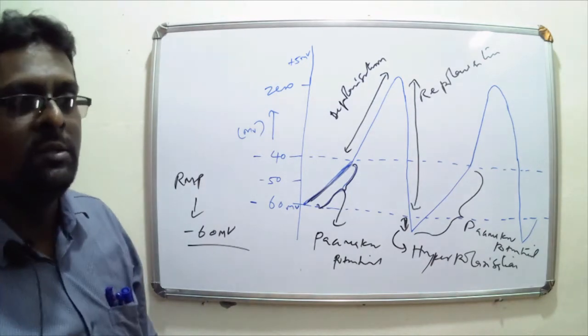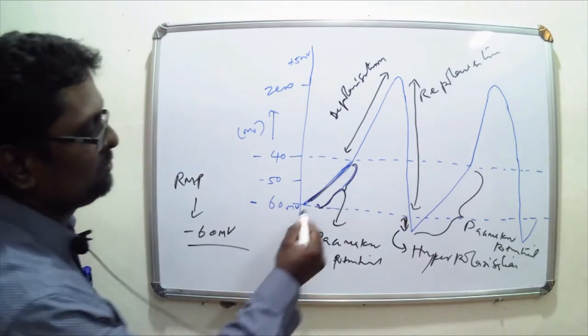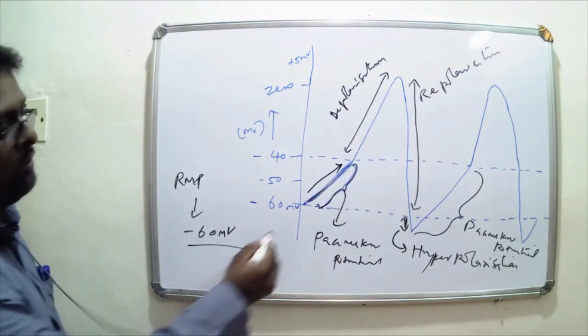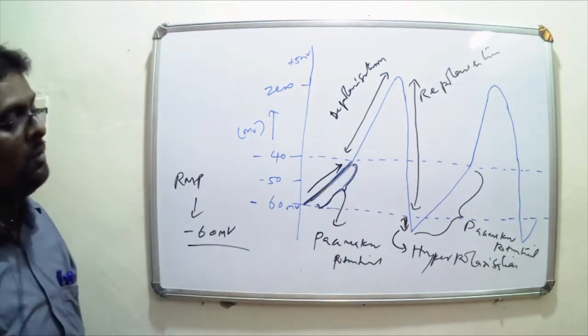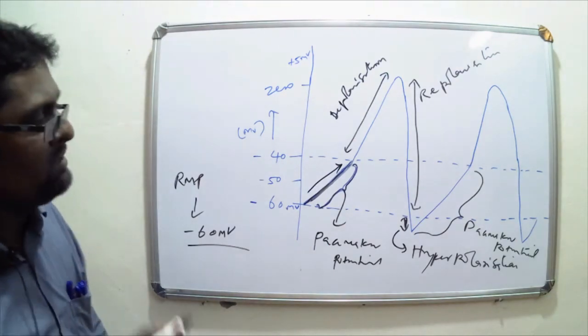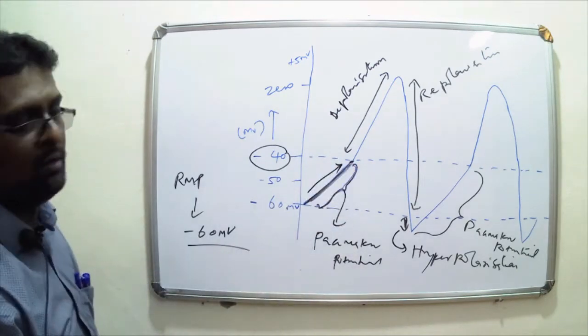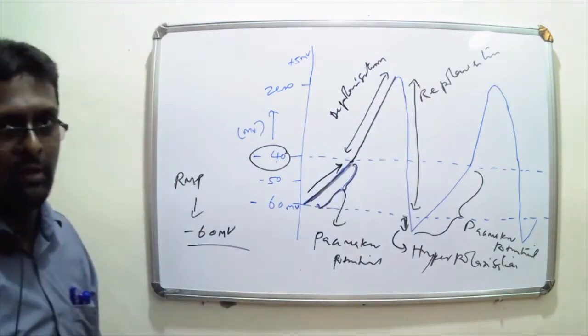Once this minus 60 millivolts is reached, slow depolarization begins to happen, leading to generation of pacemaker potential. Once the threshold value of 40 is reached, then rapid depolarization happens.